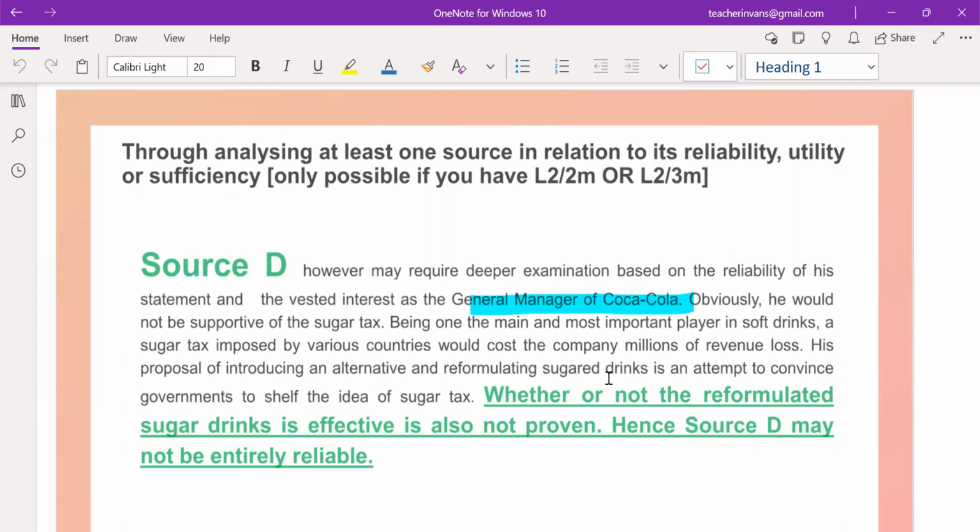Okay, and whether or not this reformulated sugar drink is effective has not been proven. He is always saying that yes, there is this reformulation, but still you have alternatives of 100% sugar. Then if people are so used to the 100% sugar, why would they want to choose a reformulated one? So think very carefully. Whatever he's saying is also because he wants to just save his company.